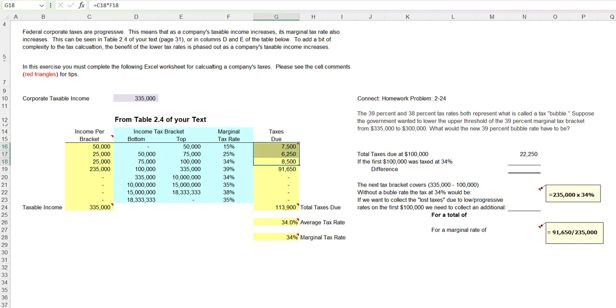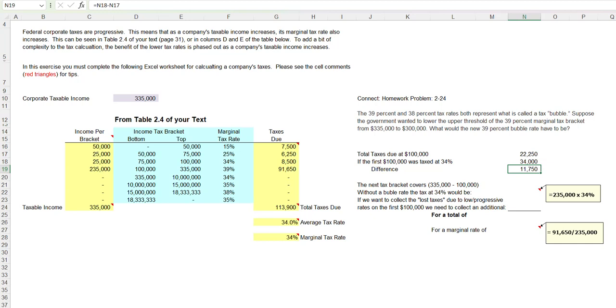If our first $100,000 was taxed at a 34% rate, we would owe a total of $34,000. So those lower rates in those lower brackets provide a benefit of $11,750. In other words, that much in reduced taxes. And the IRS, that's what they're trying to get back with that bubble rate.